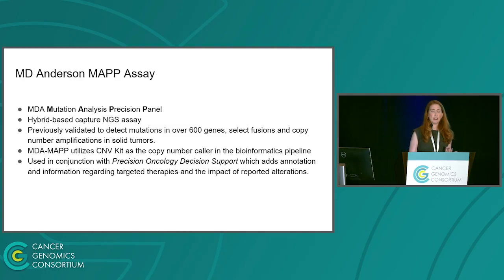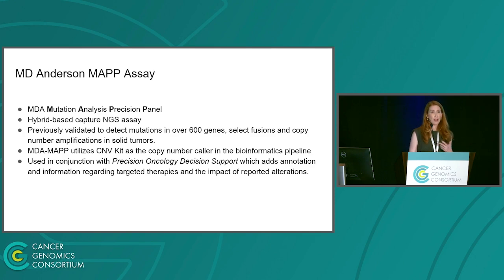Just a little brief background on our assay. The MD Anderson MAP assay is a hybrid-based capture NGS assay. It was previously validated to detect mutations in over 600 genes, select fusions, and only copy number amplification. So at this point, we were not reporting copy number loss in any genes. We utilized CNVkit as our copy number caller in our bioinformatics pipeline.